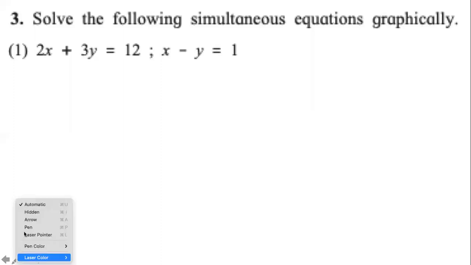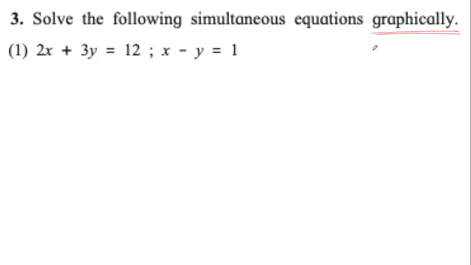What I'm going to do now is, I will tell you how to solve this with one equation, then you will do it for the next equation on your own. What is the question? The question is, solve the following simultaneous equations graphically. So for this, we do need a graph.